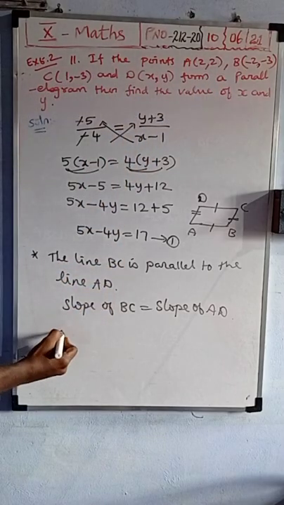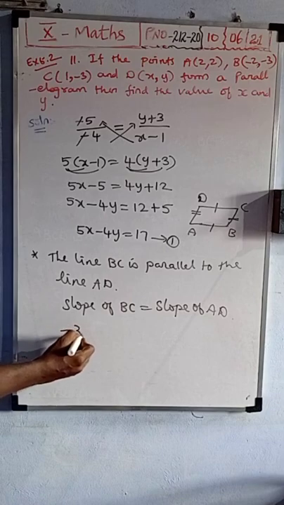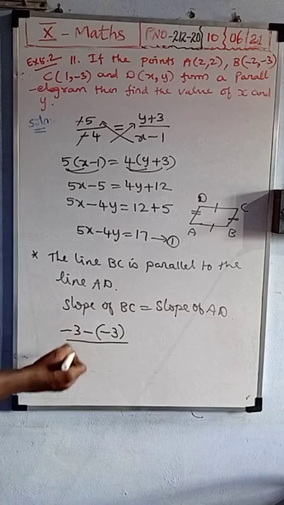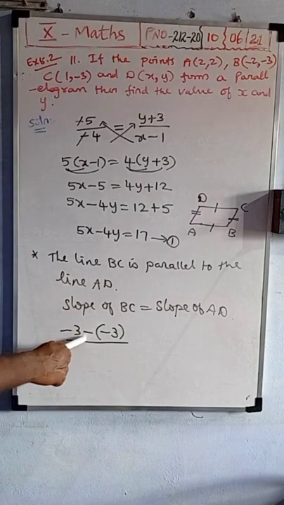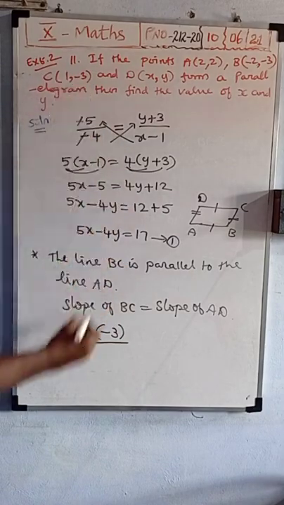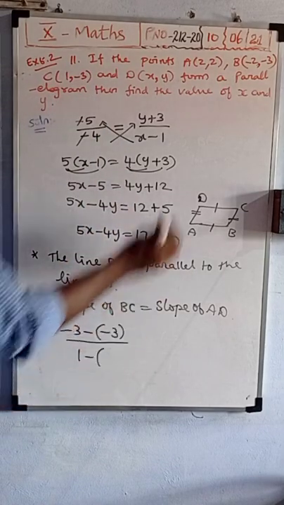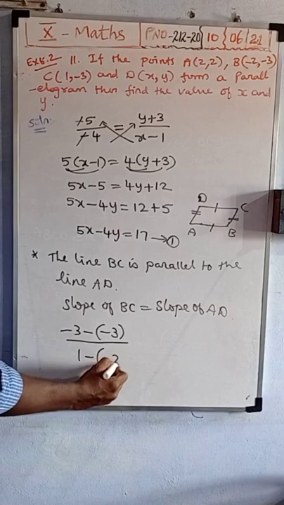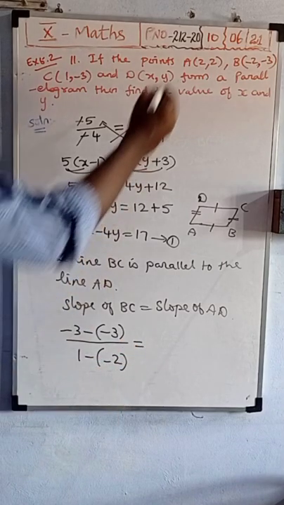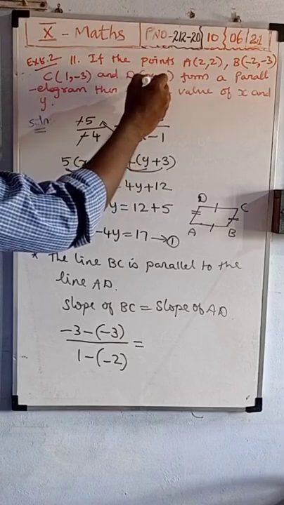Using the formula, y2 minus y1: minus 3 minus of minus 3, divided by x2 minus x1: x2 is 1, 1 minus of x1, which is minus 2. This is equal to slope of BC. Then slope of AD: A point is x1 y1, D point is x2 y2.